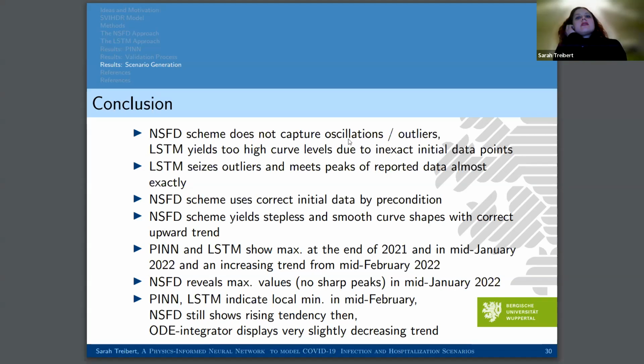And the NSFD revealed maximal values, but no sharp peaks in mid-January 2022. Local minima were achieved in mid-February by the PINN, and the NSFD still showed a very slightly rising trend then, and the ODE integrator displayed a very slightly decreasing trend here already, because its peak was very slightly before that.